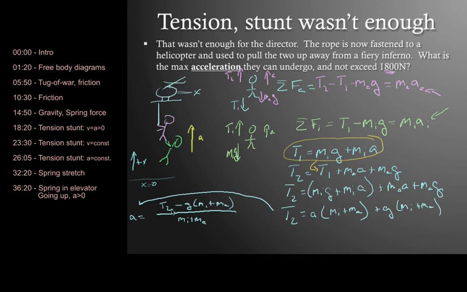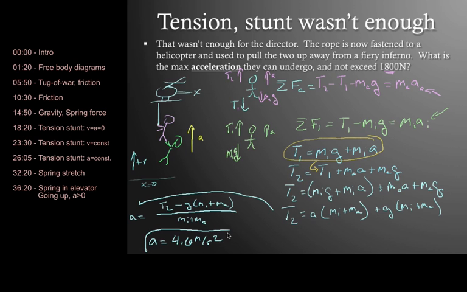So what is this T2? I know that it shouldn't be any bigger than 1800. So the biggest A can be is when I plug in 1800. If I plug in anything smaller for T2, I'll get a smaller A. So I'm going to plug in 1800 in for T2, and I'm going to find out that A is equal to 4.6 meters per second squared.